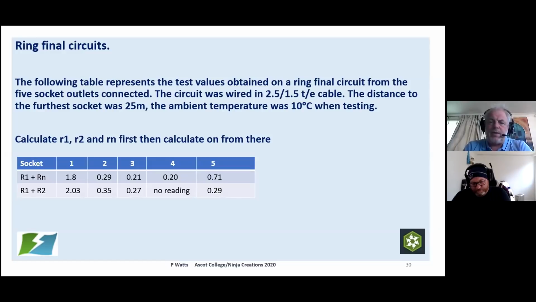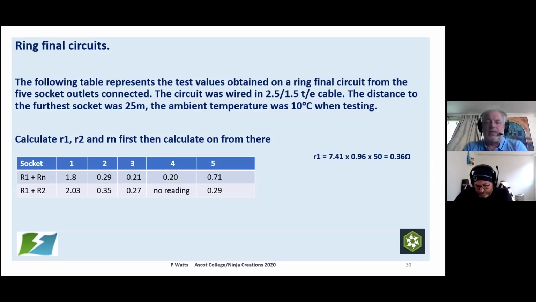So what do these values tell us? Well, the first thing we need to do is work out what the values should have been. So we start by working out what the little r1, the little r2, and the little rn figures should have been. So if it's 25 meters to the furthest socket, we can calculate, it's 10 degrees.